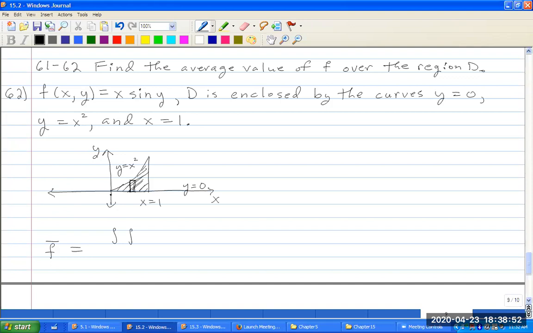So first x goes from 0 to 1, and then y goes from 0 to x squared.